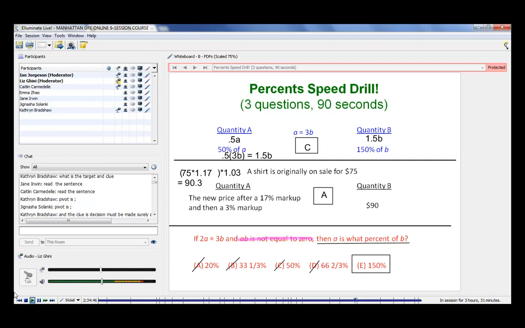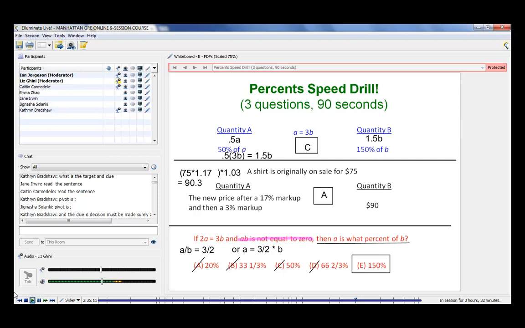Either of these would have gotten you there. Okay, awesome job. Now, after we did that, let's try some fraction drills.